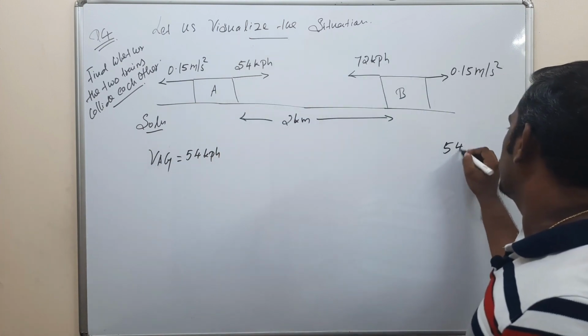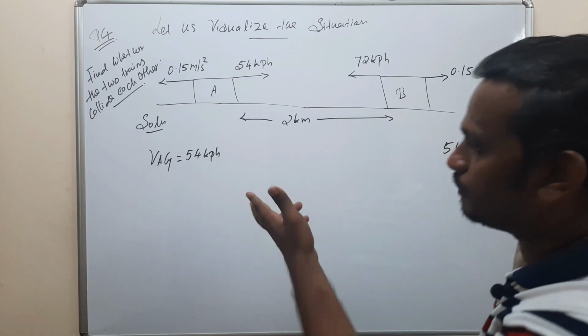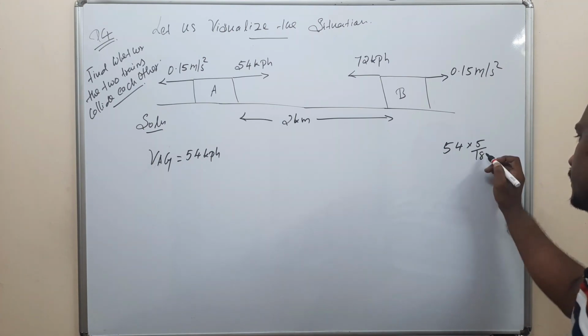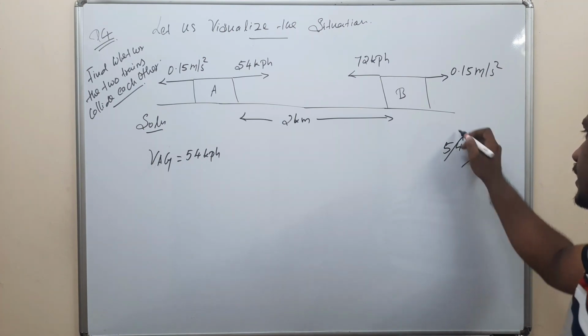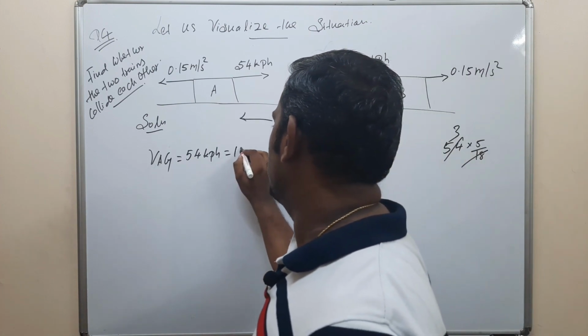So 54 into 5 by 18, kilometer per hour converted to meter per second. 54 into 5 by 18, so 3 times. So 3 into 5, that is 15 meter per second.